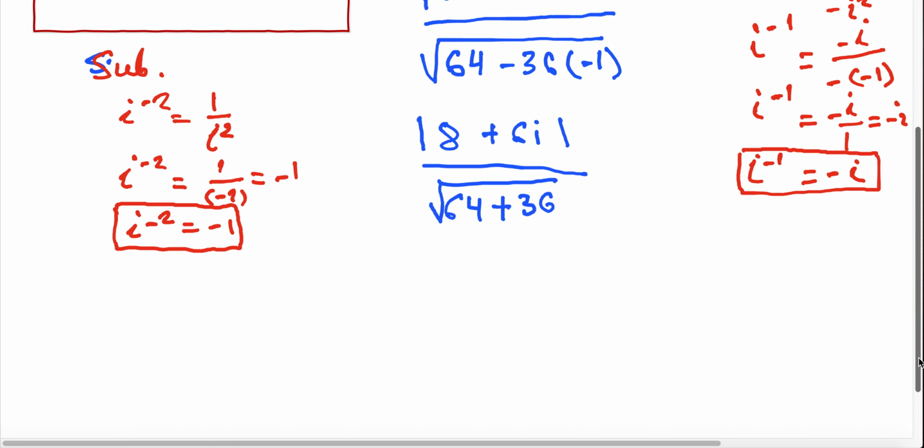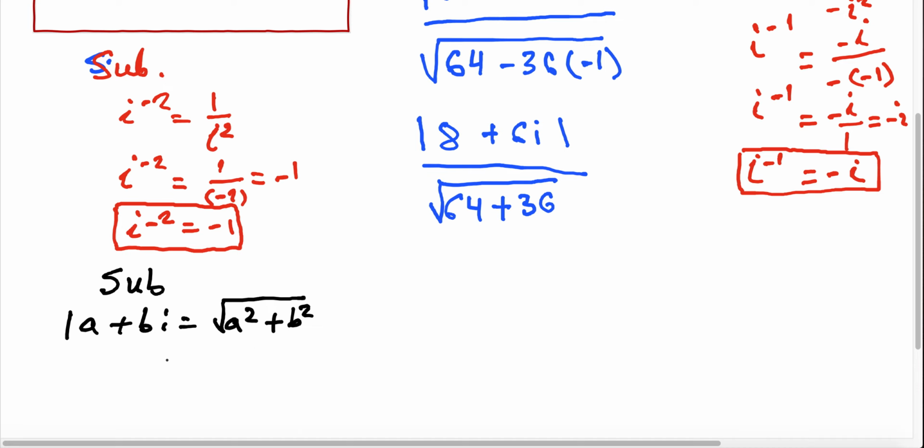And let me move a little bit down. But what I know here is the absolute value. So let me make another substitution. The absolute value of a plus bi is going to be equal with the square root of a squared plus b squared.